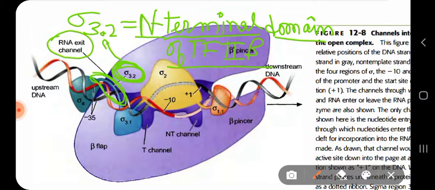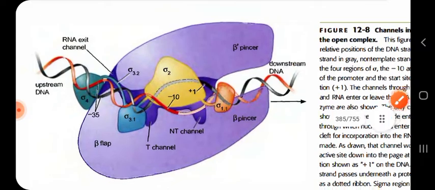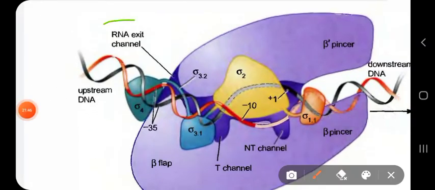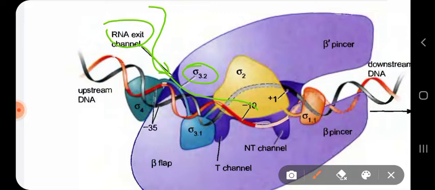So recent studies suggest that the N-terminal domain of TF2B inserts into this region that we call the RNA exit channel. You can see the RNA exit channel here. This is a space, and within this space the RNA is going to come out from the RNA polymerase. Now this region is occupied by sigma 3.2 in case of prokaryotic transcription.